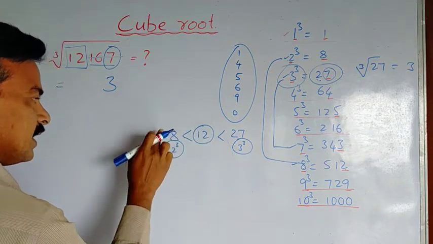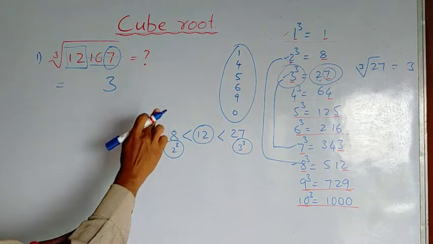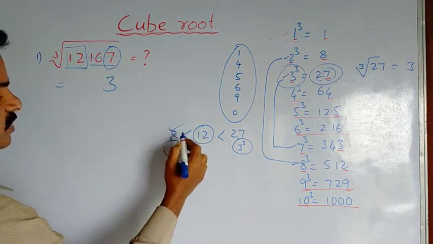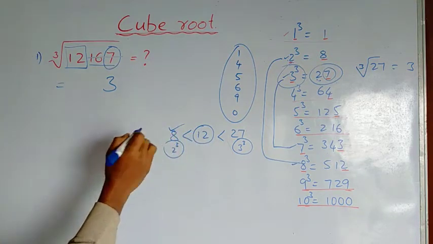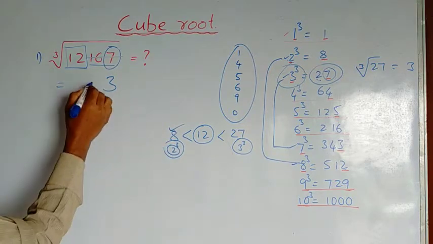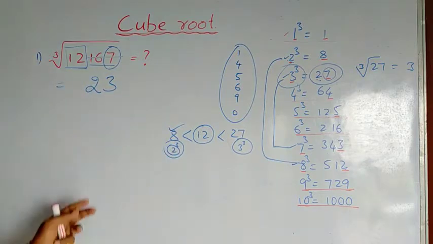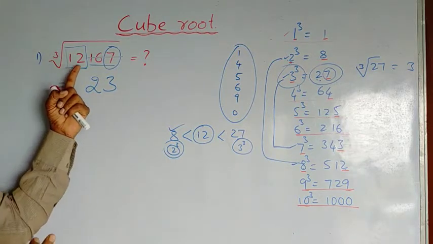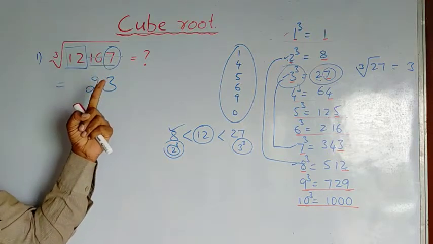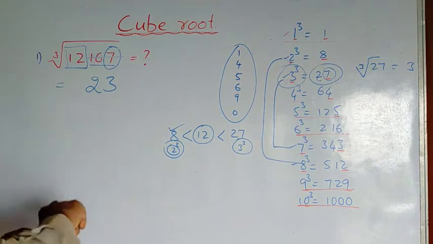So the lesser number of 12 is 8, and its cube root is 2. So the tens place digit is 2. This 2 we take here. Therefore, the cube root of 12,167 is 23.